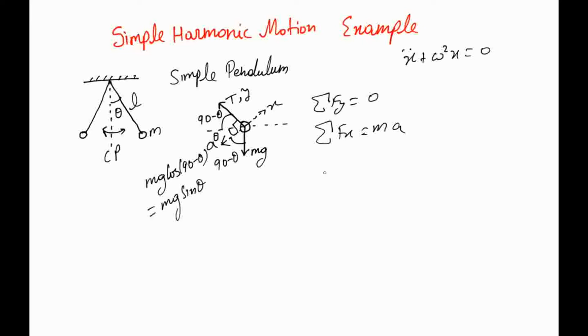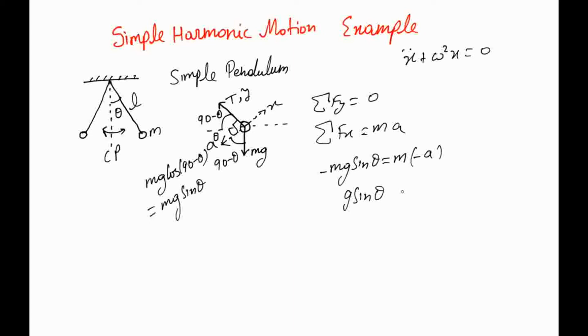Okay, so what is Fx? Fx is minus mg sine theta. Why minus? Because x is plus and this is the negative direction, equals m times minus a, because a is also pointing in the negative direction, and that gives us g sine theta.